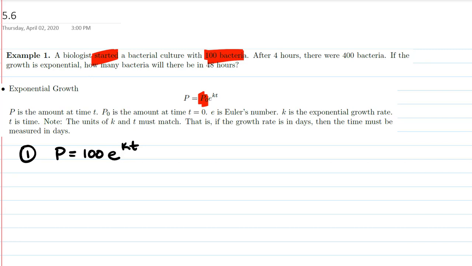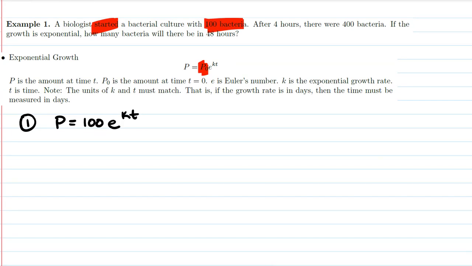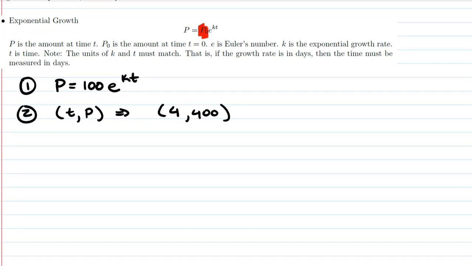So now step 2 is we need to find an ordered pair. So in this case, that's going to be a time and a population, so a T and a P that go together. And we know that after 4 hours that there were 400 bacteria. So our ordered pair is 4, 400, and we're going to put that into our model and solve for k.